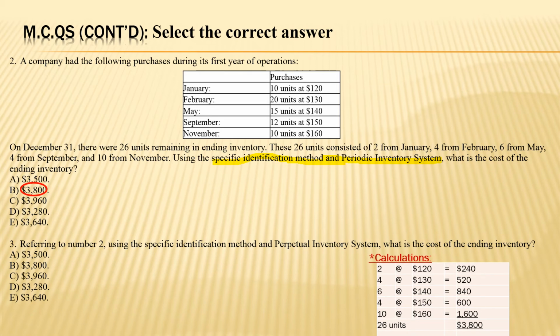For number 3, referring to number 2 using the specific identification method also, but here under the perpetual inventory system, do you think it will differ?